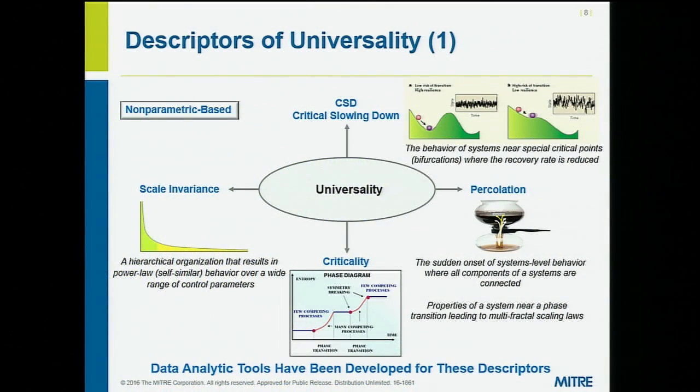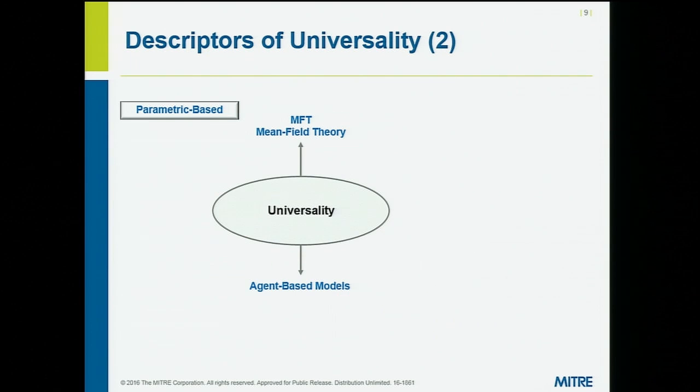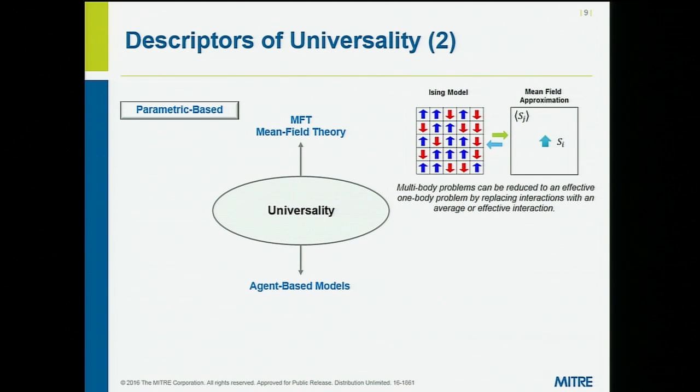Okay, so data analytic tools have been developed for these descriptors. There are a number of them. There are also parametric models, which I'm not going to spend too much time on. I think I mentioned mean field theory, which is basically a way of dealing with disorganized complexity, where you don't have this nesting, where you have basically components that are sort of independent of each other, but they still act as a complex system, and you want to ask yourself, okay, what's the average performance of a system such as that?